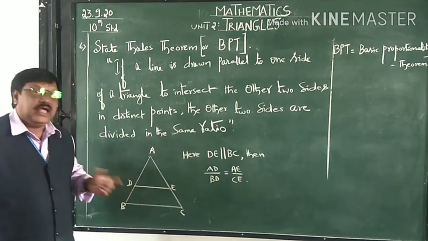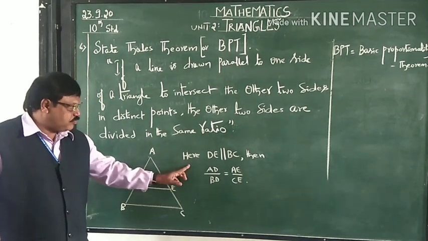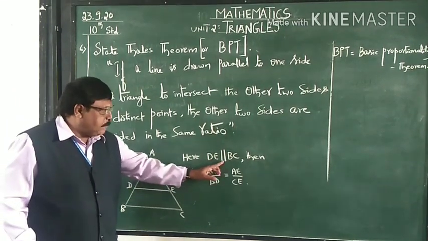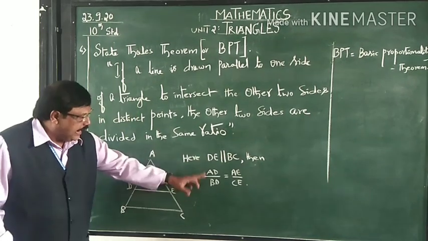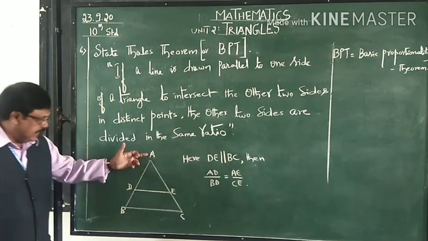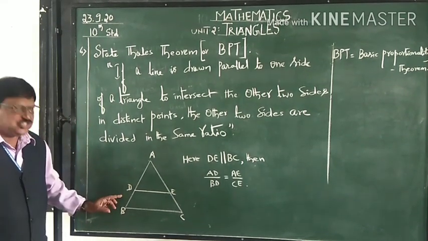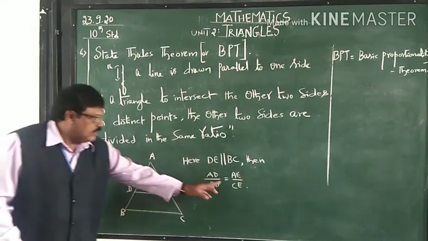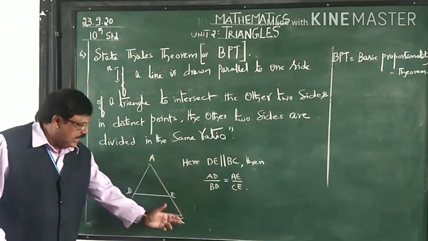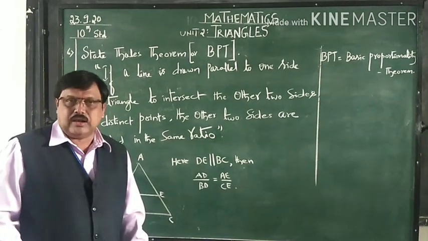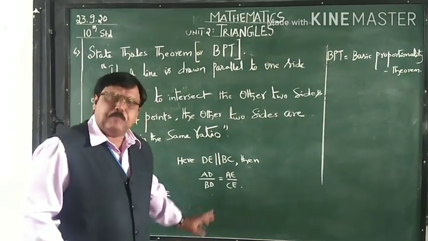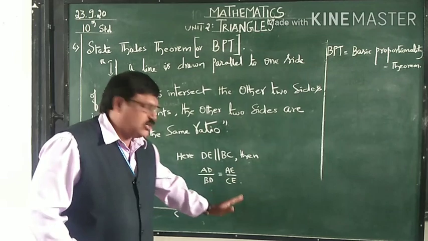That ratios are equal. So he says, when you draw DE parallel to BC, then AD by BD, the divided portion, is equal to AE by CE. That ratios are equal. I can call it a proportion, comparison of ratios.